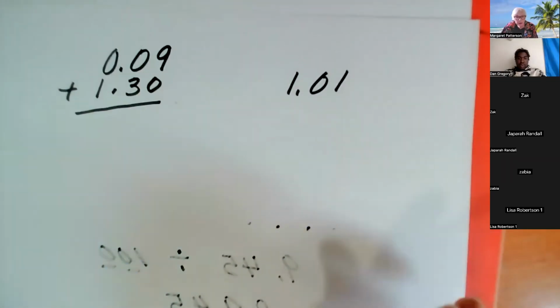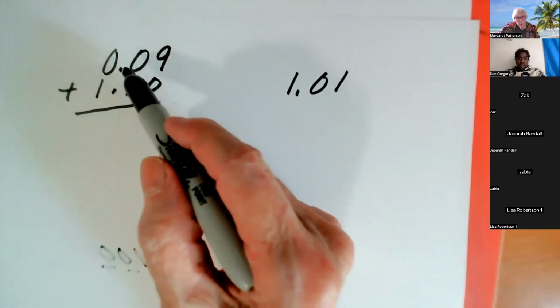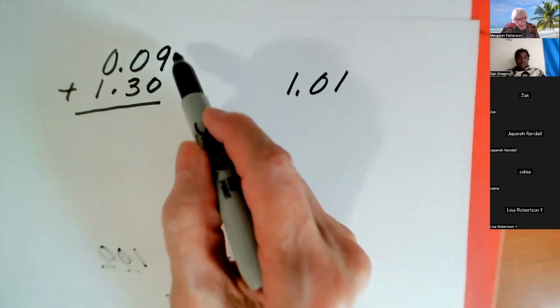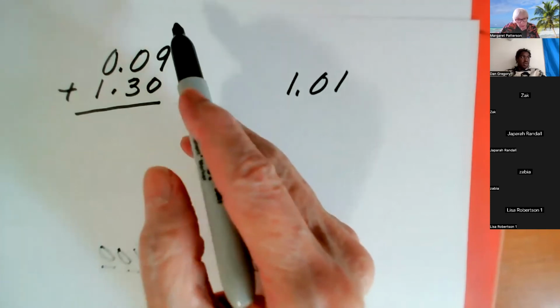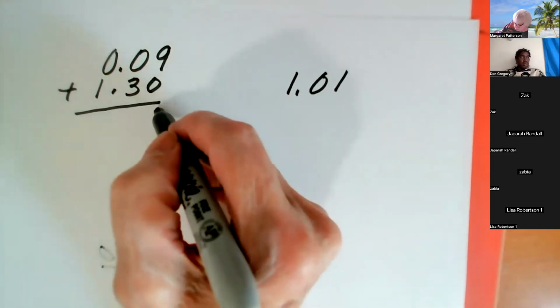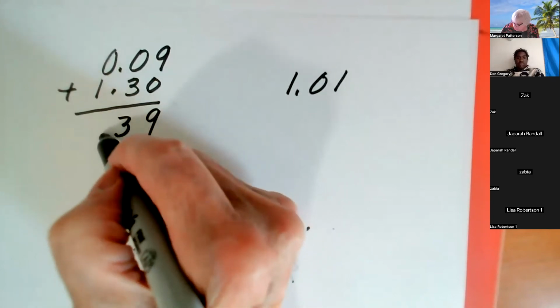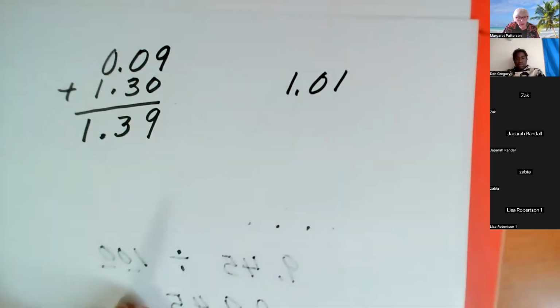So I want you to see, this was 0.09 and this was 1.3, but I added a 0, so everything lined up. And so 9 and 0 is 9, 0 and 3 is 3, decimal point, and this is 1.